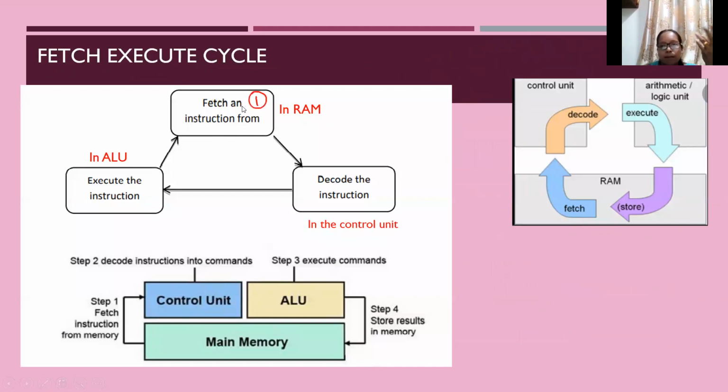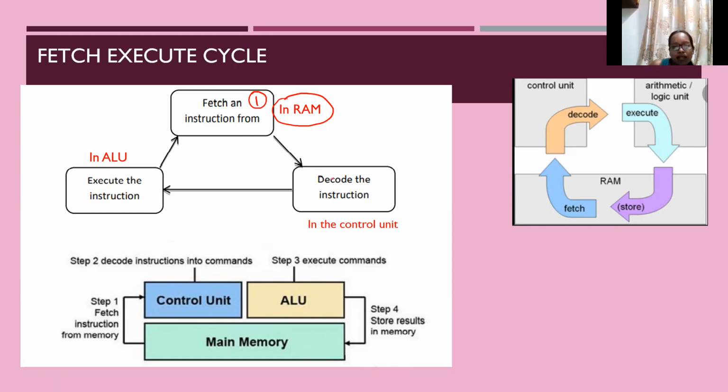The CPU will take an instruction from RAM, because the RAM contains all the data and instructions, whatever is input through the input devices. Out of that set of instructions, the CPU will fetch one at a time.